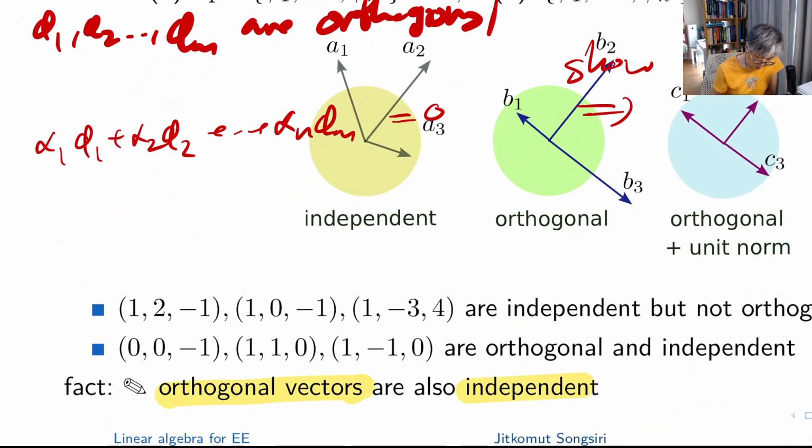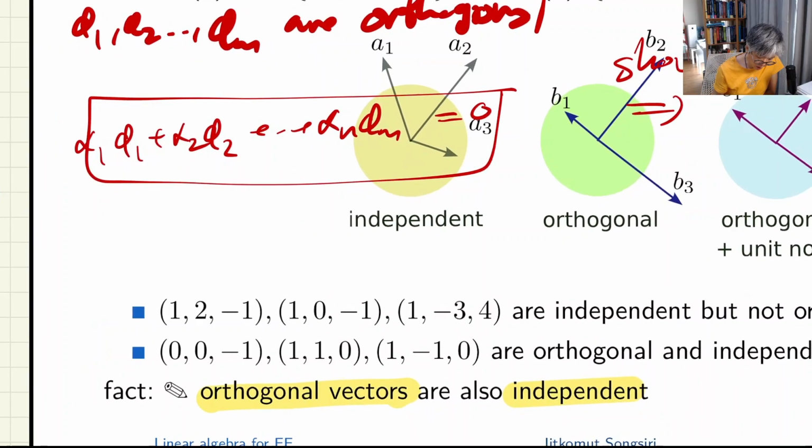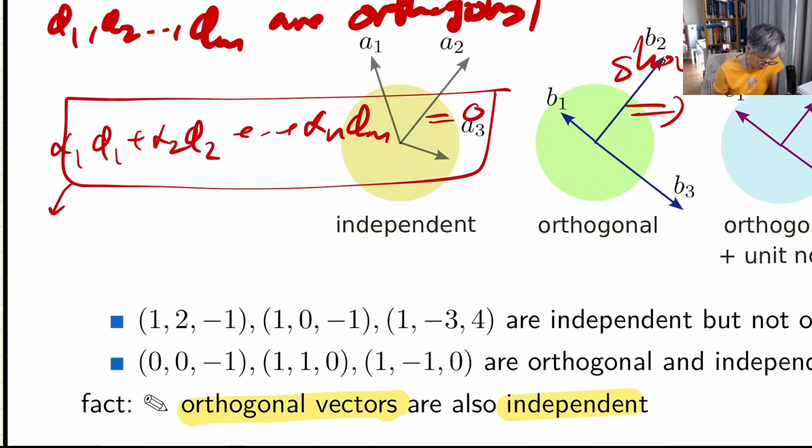I can start with this equation and take the inner product with phi 1. When I take the inner product, I get alpha 1 times the inner product of phi 1 with phi 1.